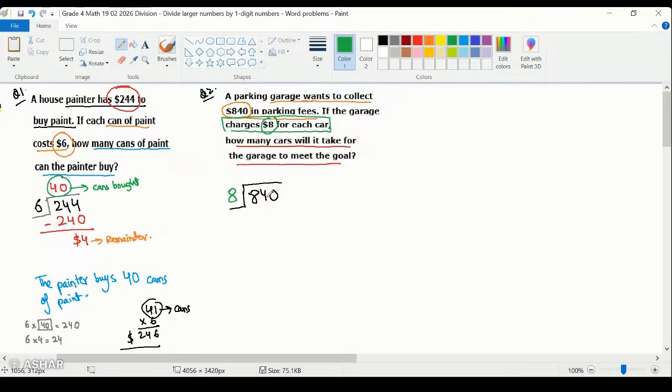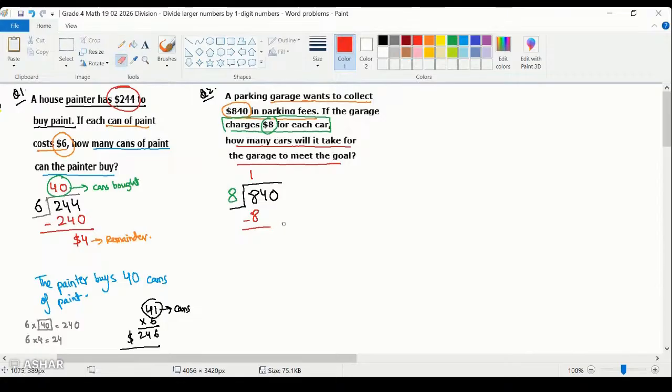Can we say 8 times 1 is 8, right? So when we are dividing, 1 times 8, right?